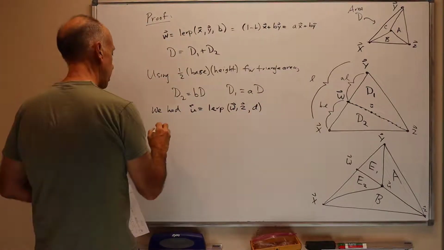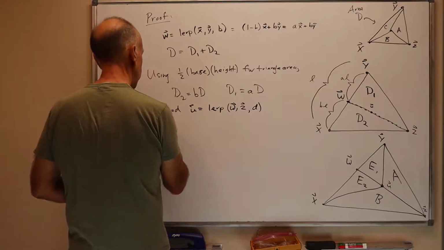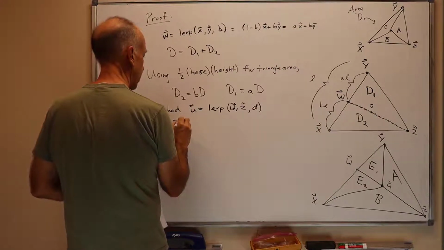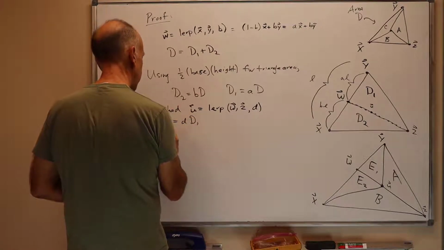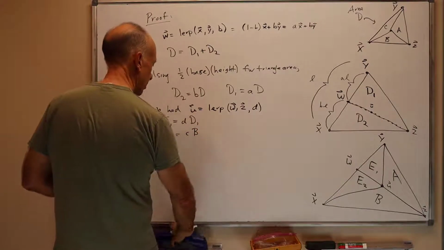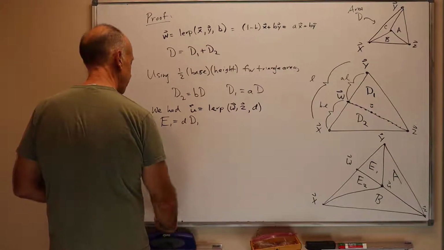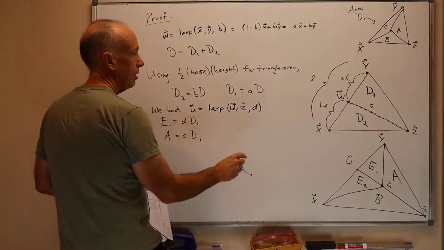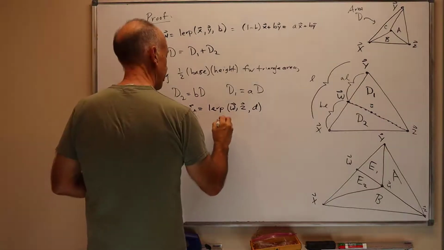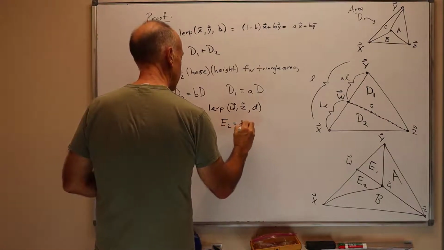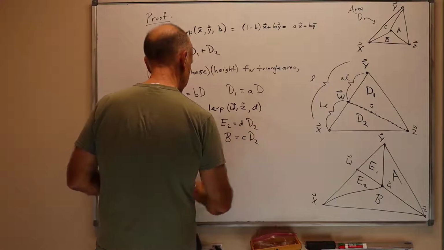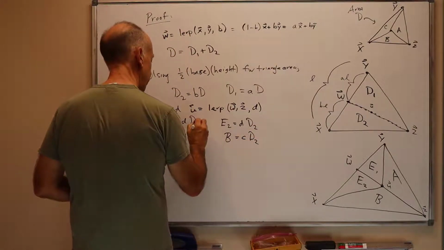That means by the same reasoning with triangles, we have that E1 is D times D1, B is C times D1, A is C times D1, where C is 1 minus D. Because we're taking E1 and A as subtriangles of D1, and we've been lerping along the base by fraction D. Likewise, E2 is D times D2, and B is C times D2.